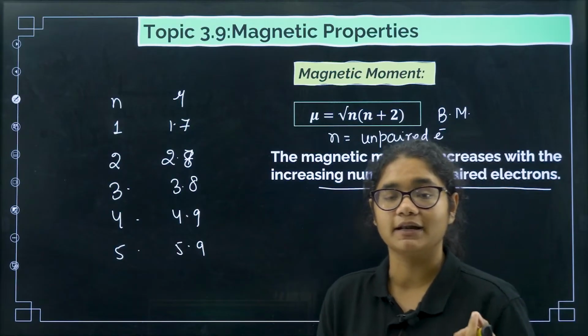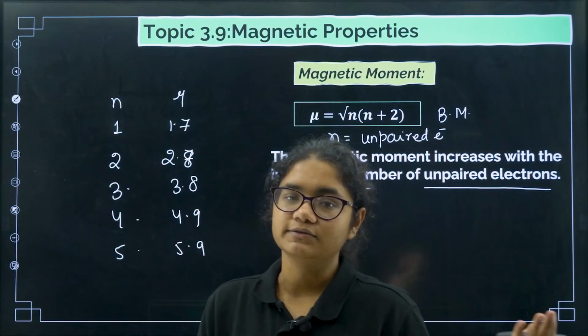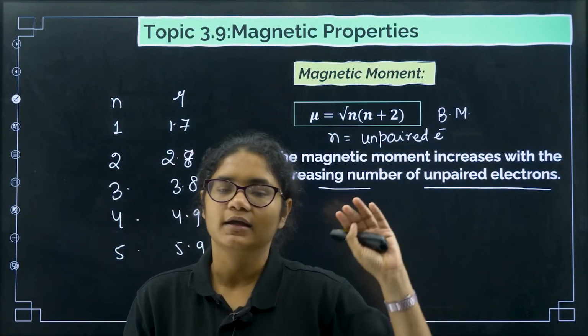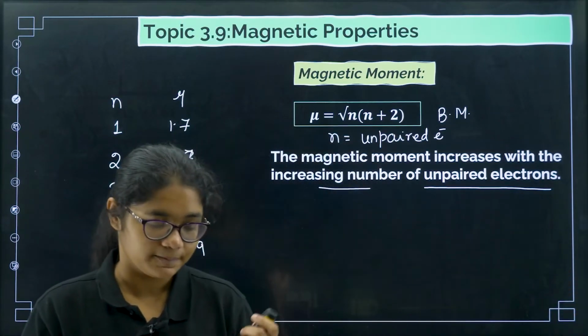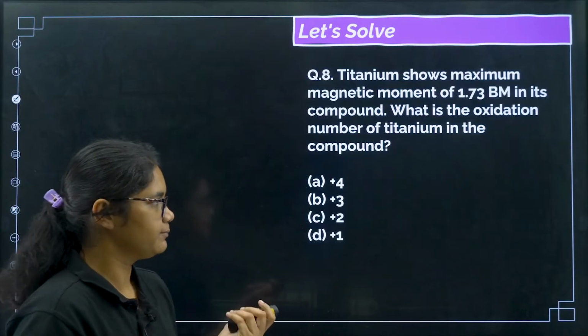If the number of unpaired electrons is 2, magnetic moment will be 2.7 or 2.8. For 3 it is 3.8, for 4 it is 4.9, for 5 it is 5.9. Now this trick you can remember. Now we can do this question easily.